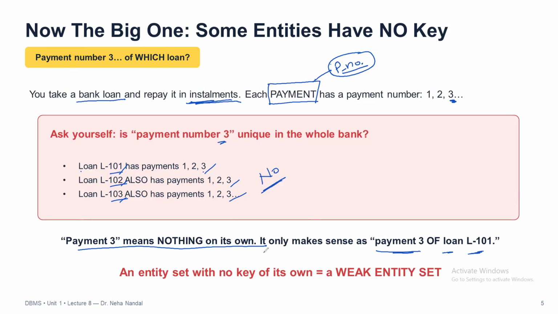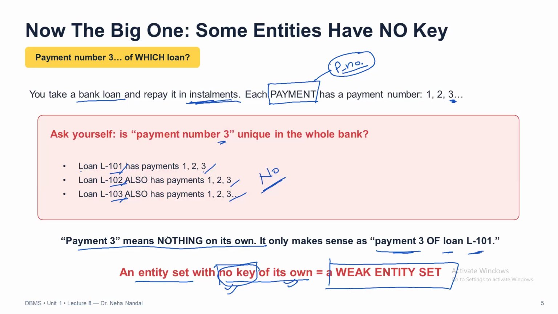And here is the main part. An entity set with no key of its own, not having any key attribute of its own, is called a weak entity set. It doesn't have its own key. I hope you got this.